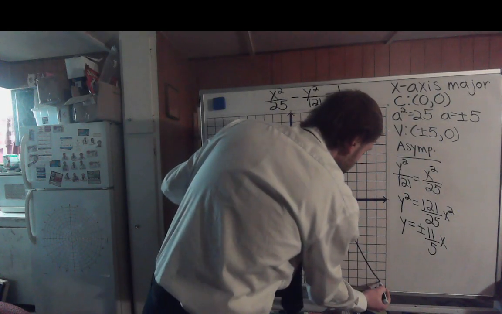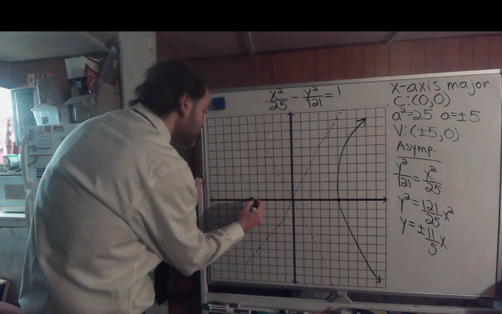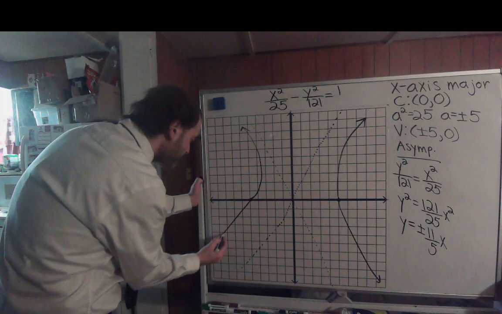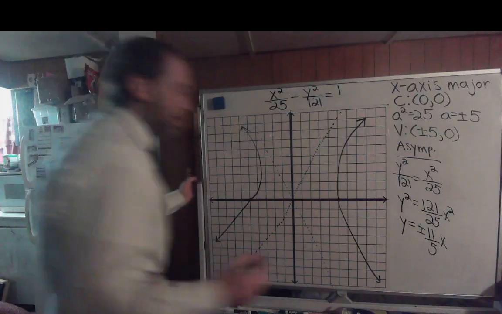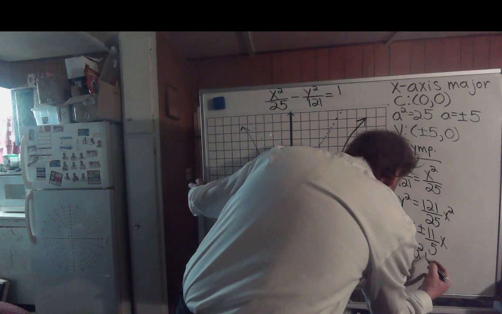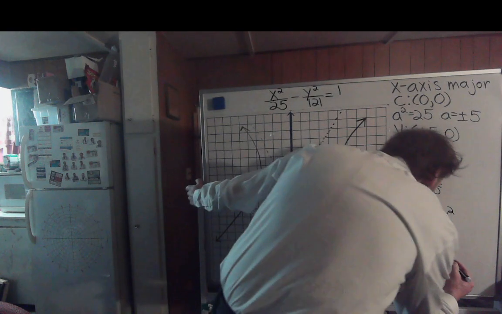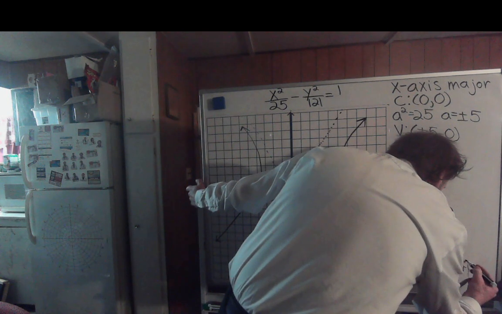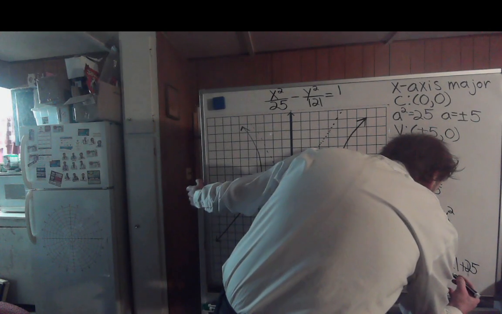This isn't the best exact representation, but that's about what it's going to look like. It's something like that, and then let's find the foci. So c squared equals a squared plus b squared, which would then equal 121 plus 25, which would mean that would equal 146.